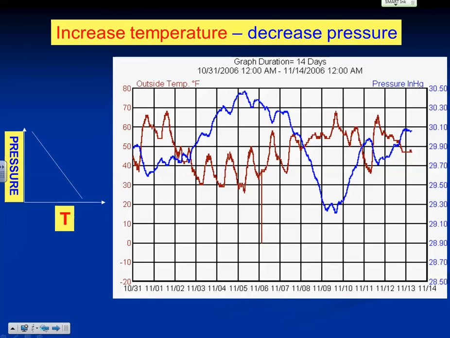And here's a graph showing that relationship. You can see here the pressure is in blue and the temperature is in red. We'll focus on one area here in general because the day-to-day temperatures go up and down. But if we look at this general trend in temperature, let's plot that general trend.